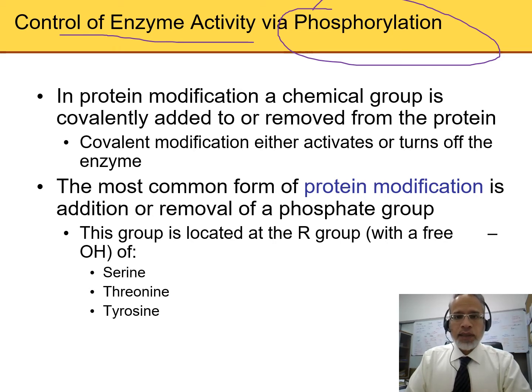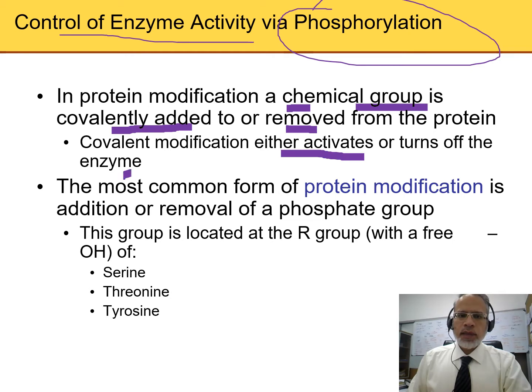An example is phosphorylation, one of the most commonly studied approaches, where a chemical group such as phosphate is covalently added or removed from the protein, and this modification can either activate or turn off the enzyme.